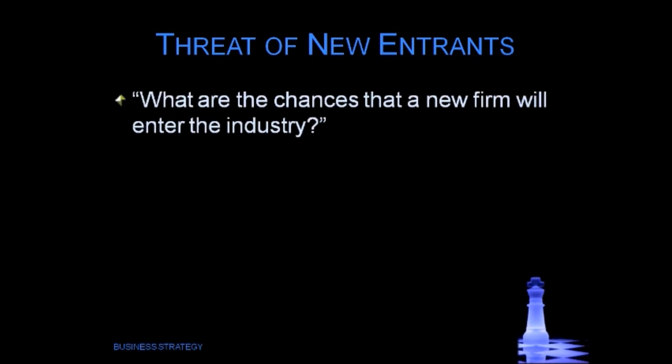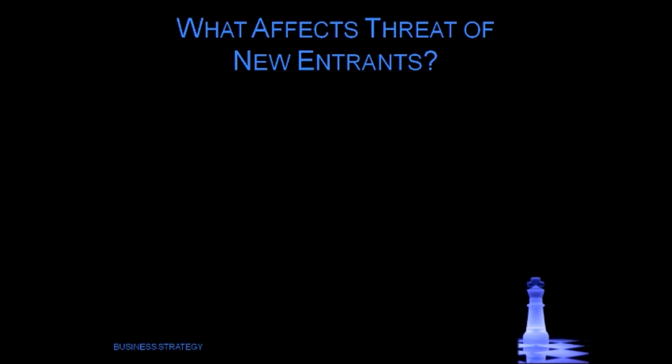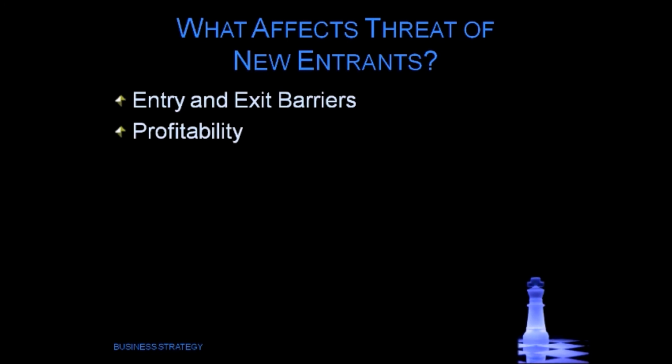The next one is threat of new entrants. What are the chances that a new firm is going to enter the industry? And what affects this? Well, entry and exit barriers. If it's very expensive to get in, either cash-wise or knowledge-wise or some kind of a competitive advantage or resources, or if it costs a lot of money to get out, exit barriers. So if entry barriers and exit barriers are high, then the threat is low. The more profitable an industry is, the higher the threat.